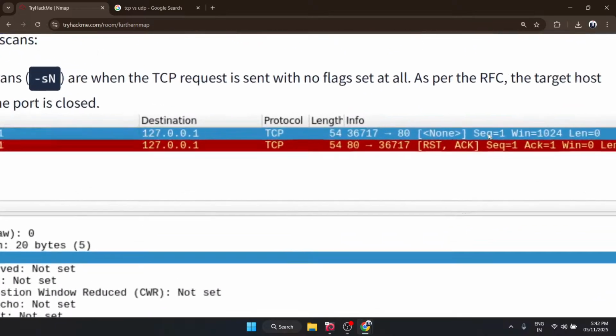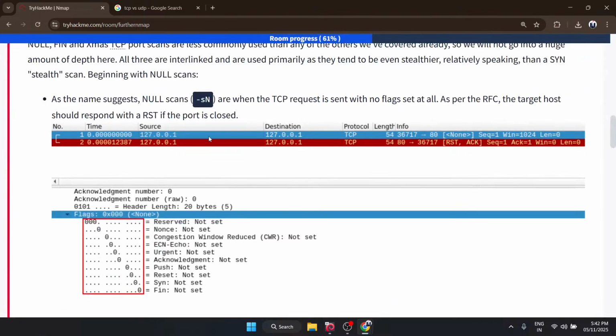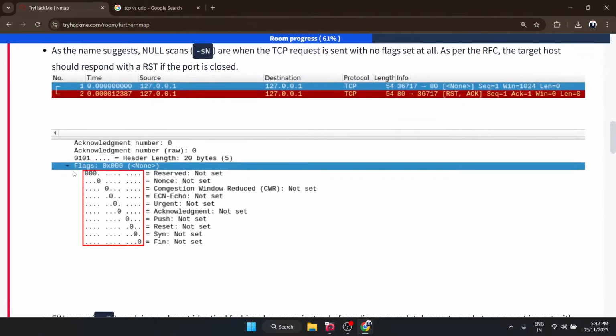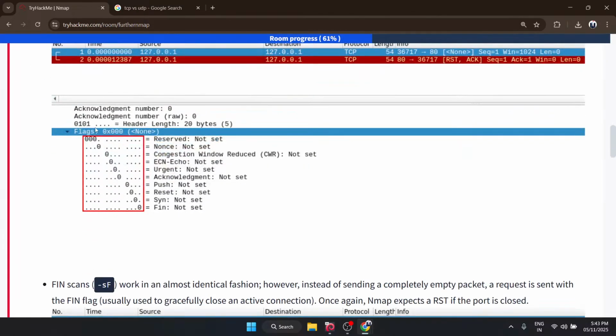Here you can see a null flag sent, and then a reset and an acknowledgement being replied from the target. And here you can see much more. This is a Wireshark screenshot. In the flags, fin not set, SYN not set, reset not set, push.